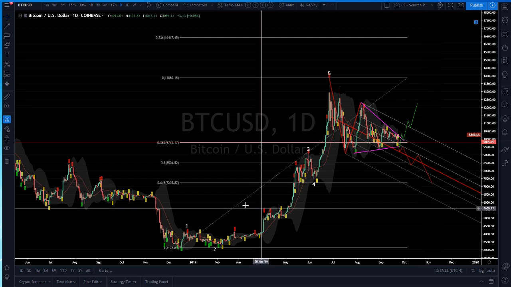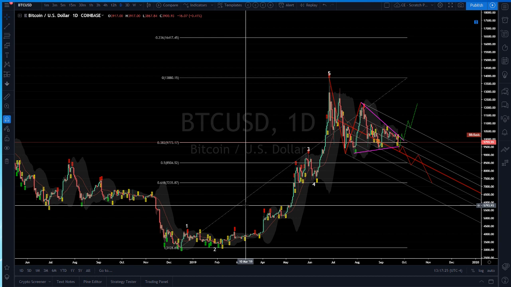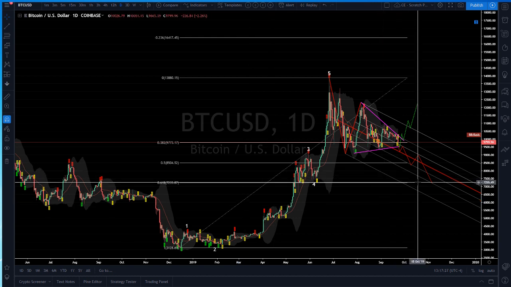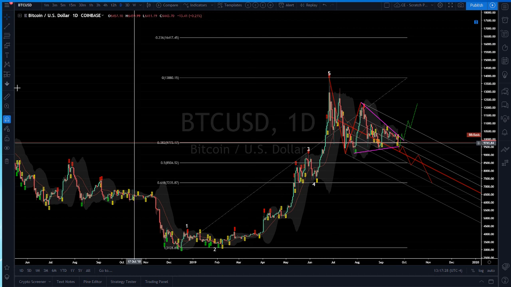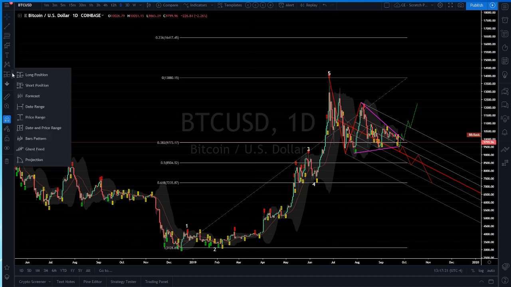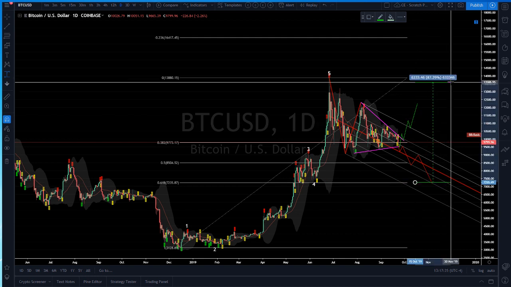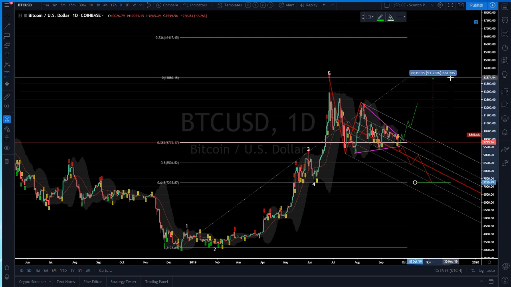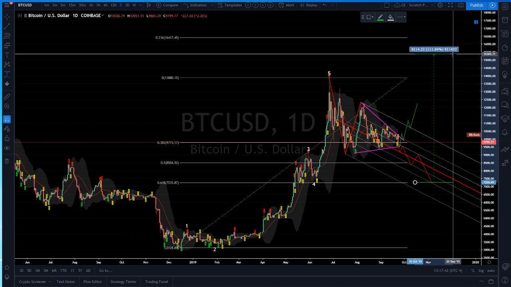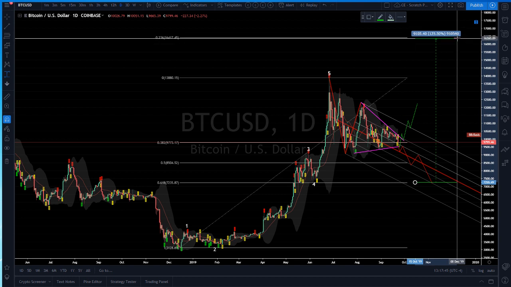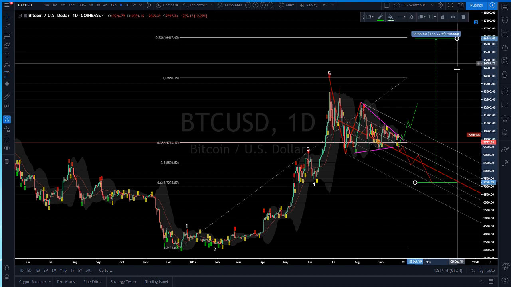So just keeping things in perspective from a range expansion, moving from 7,200, looking for a 100% move, we are going to be looking at the 14,000 to 15,000 range. So again, we're looking at a 91% move to retest that high that we had on June 27th. And then, if we are able to get up to this target, we're looking at about 125%.